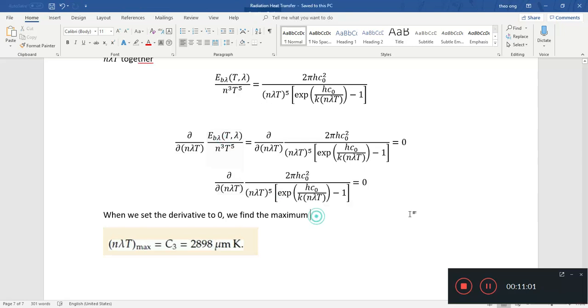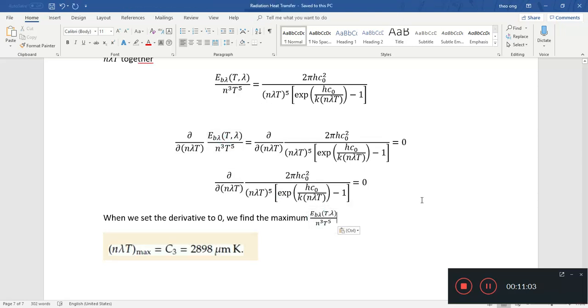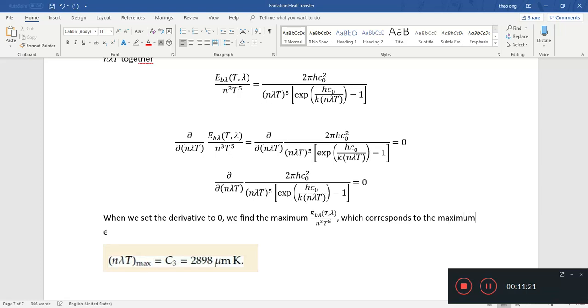But we find that for a fixed temperature, this corresponds to the maximum energy emitted for a particular wavelength.